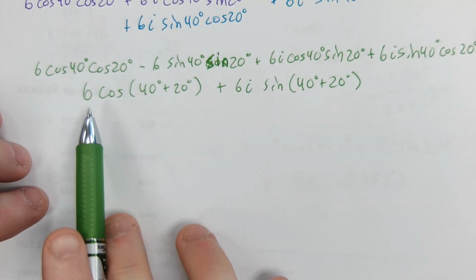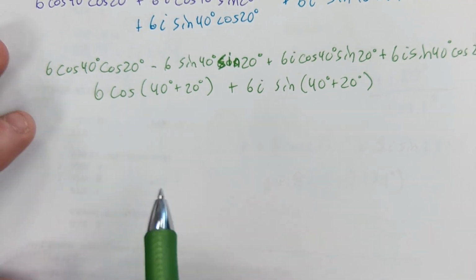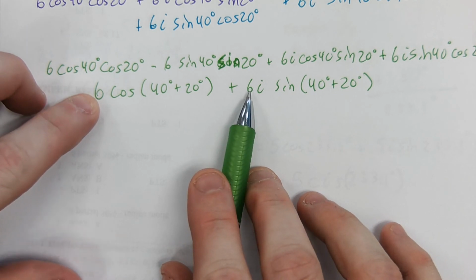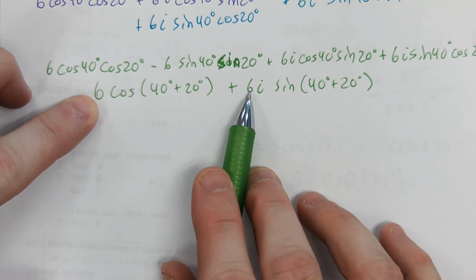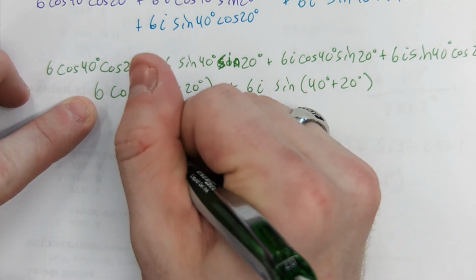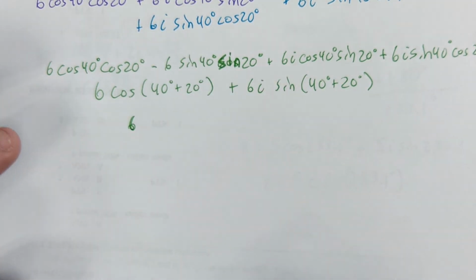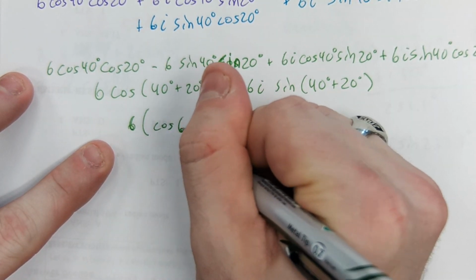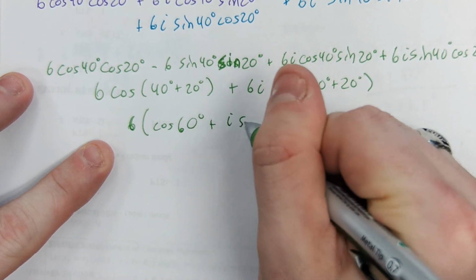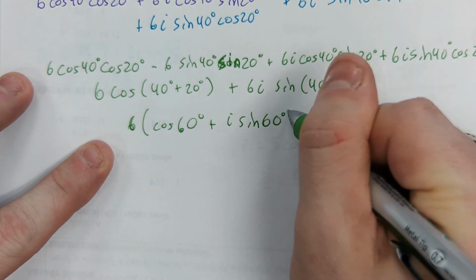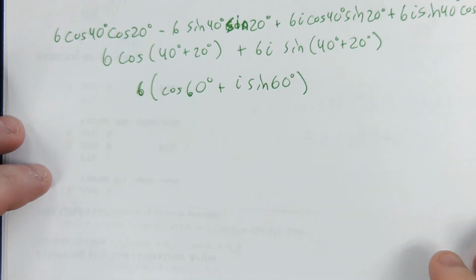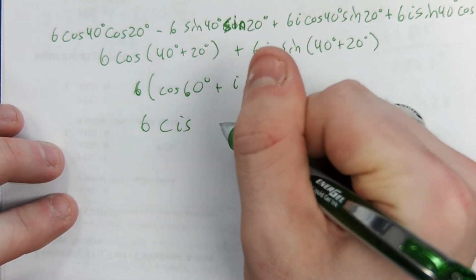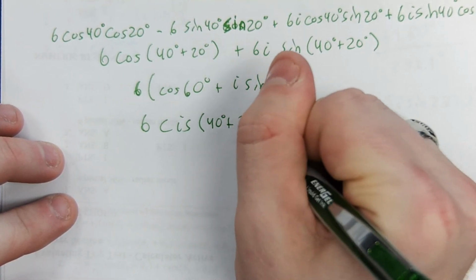Which means if you pull 6 out, it gives you cosine of 60 degrees plus i sine of 60 degrees. Holy cow. That is literally 6 CIS of 40 plus 20.